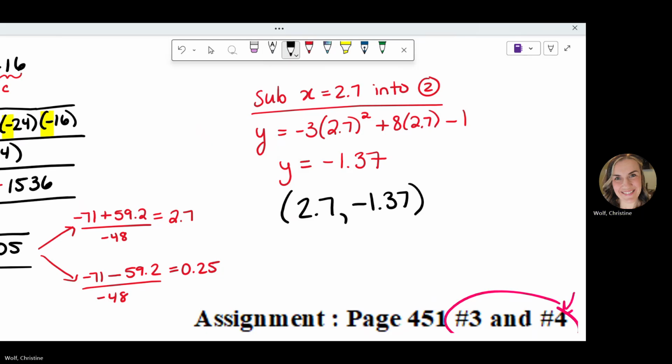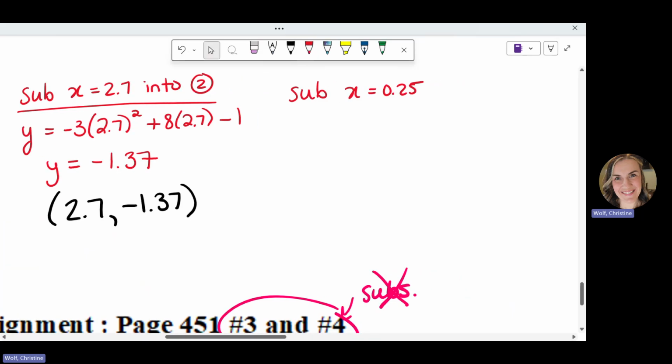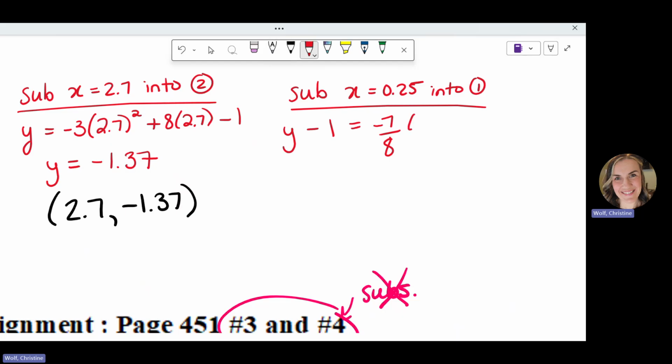That's okay. Okay, and then sub your second one. We're almost there. My second value is 0.25. I'm going to plug this into 1 this time, just to be a little bit crazy. Y equals, or sorry, it's not y equals. The first equation is y minus 1 first. Remember, I told you to plug it into the original. So that's what plugging into number 1 original would look like.